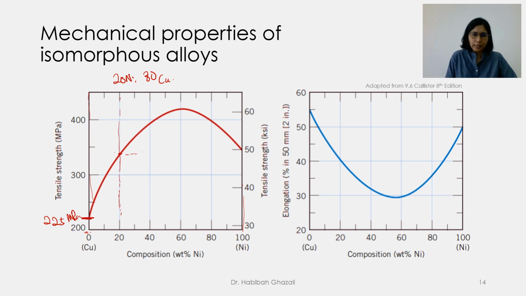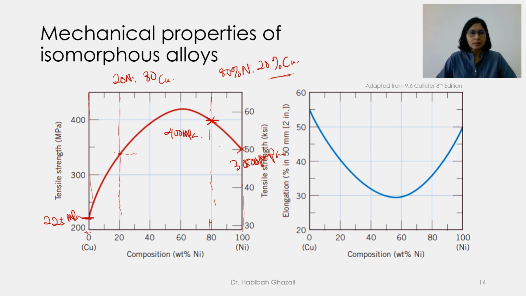Even if we look, for example, at pure nickel, it has around 350 megapascal tensile strength. As soon as we add 20% copper to it, so this alloy here consists of 80% nickel and 20% copper, the tensile strength increases to 400 megapascal.